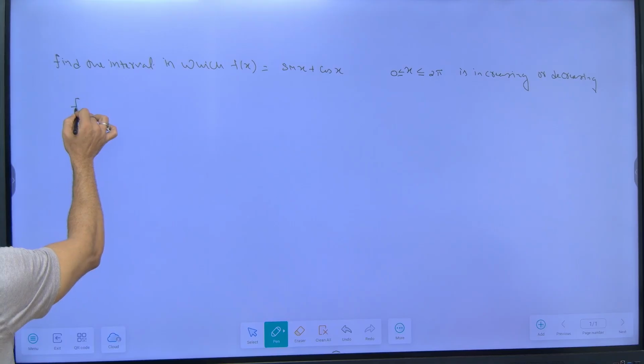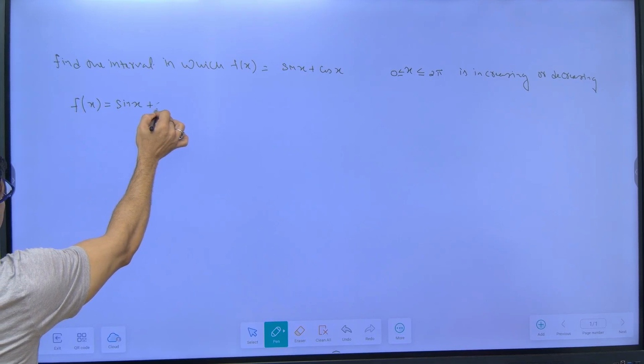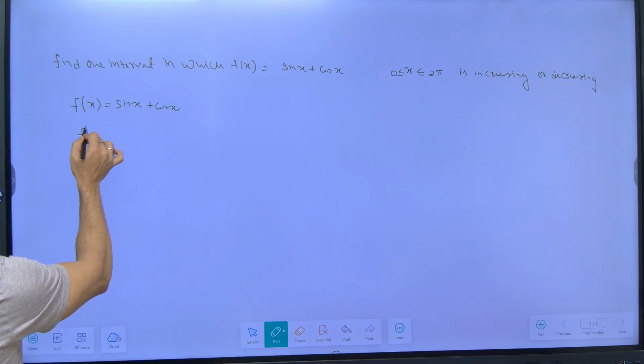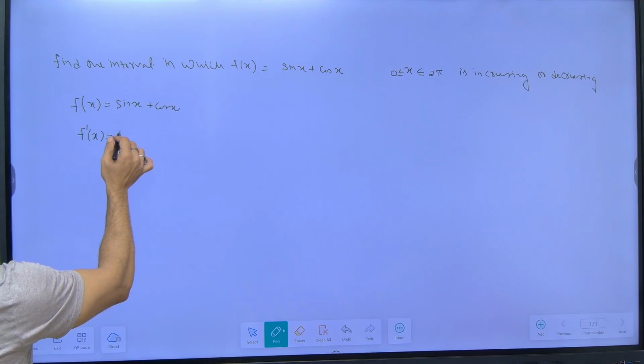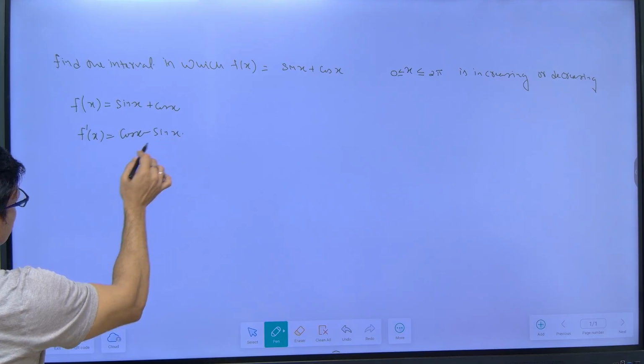First step is write the function, write sin x plus cos x, differentiate this. How much is this? Cos x minus sin x.